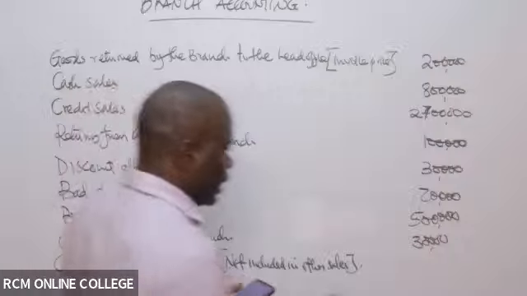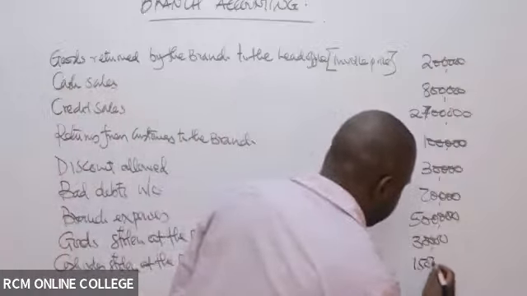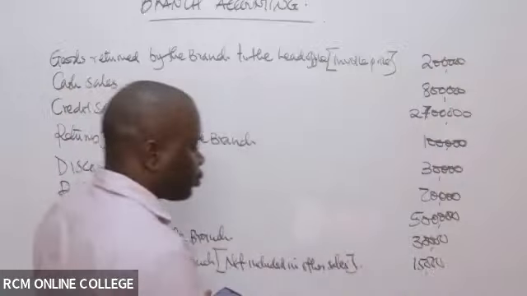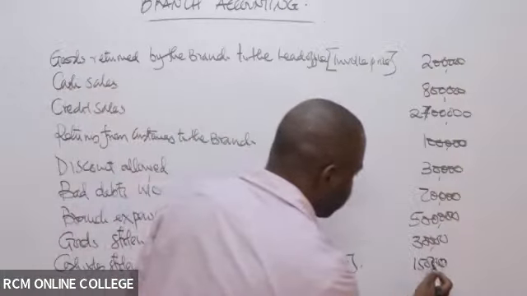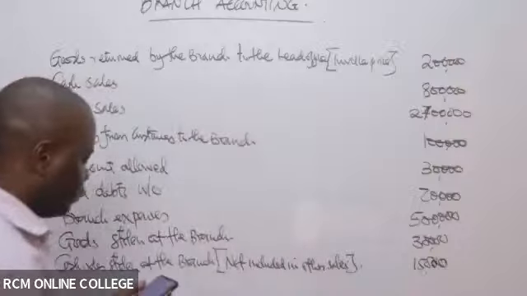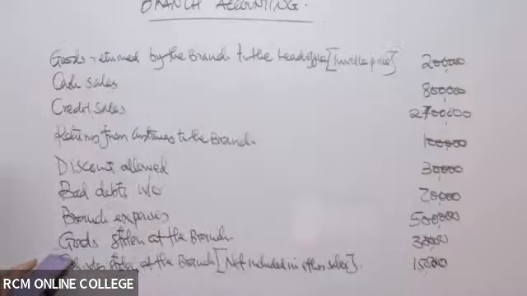It was actually 15,000. So there was a cashier in Nakuru who was a crook. He made sales, then he stole 15,000 out of the sales.